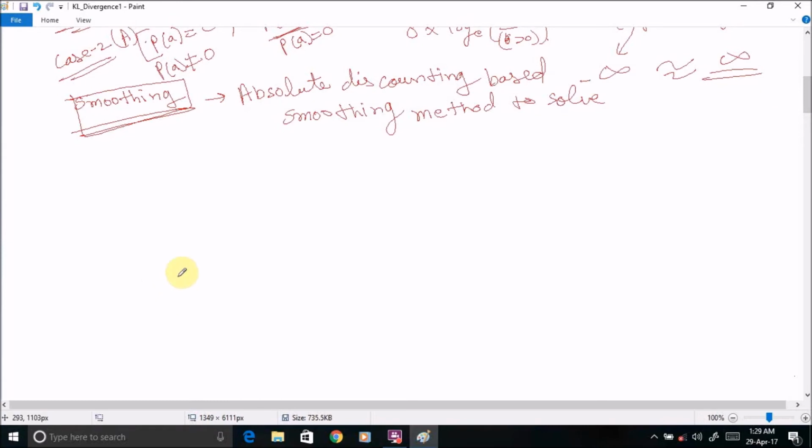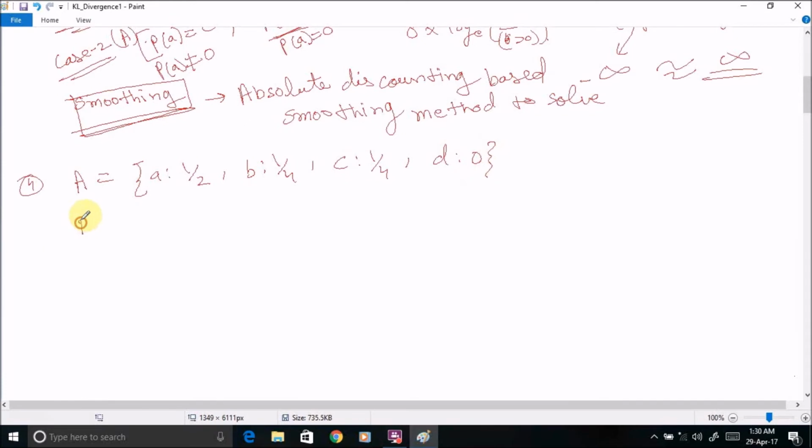Now suppose we have two probability distributions. Distribution A has 4 events: the first event's probability is 1 by 2, the second event's probability is 1 by 4, the third event's probability is 1 by 4, and the fourth event's probability is 0.